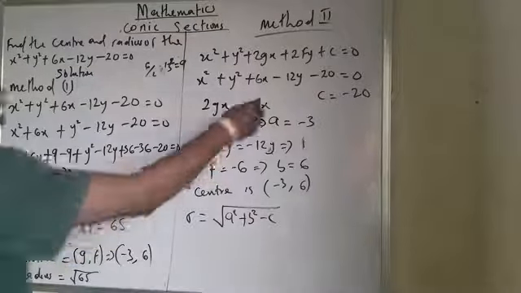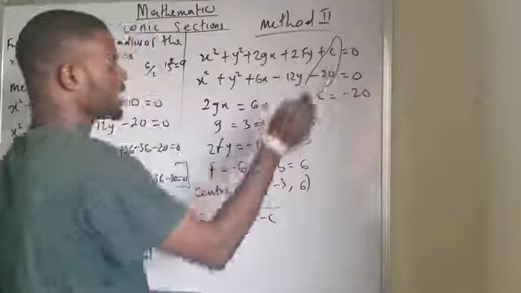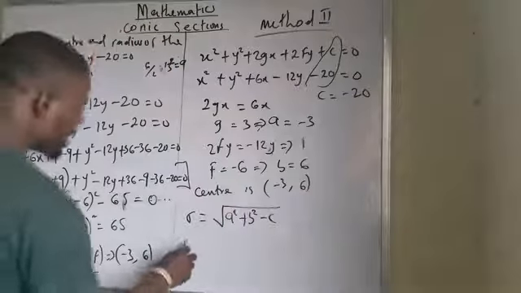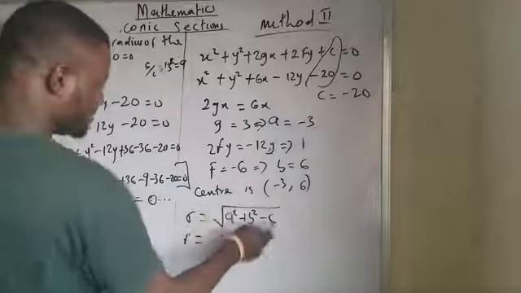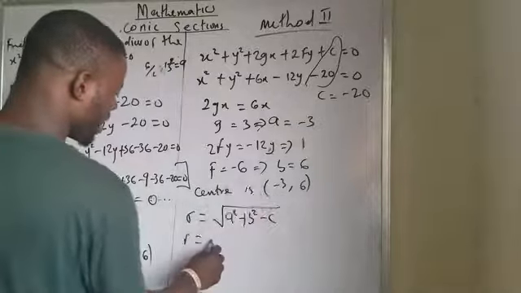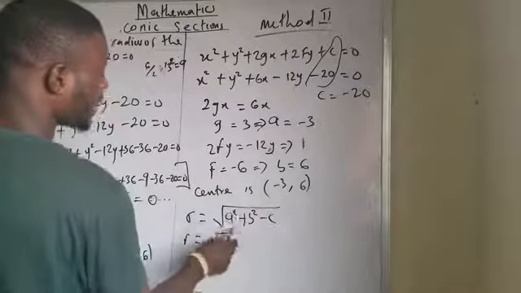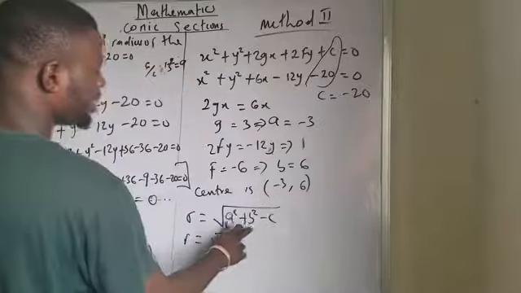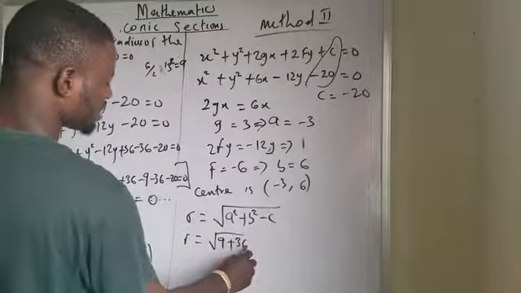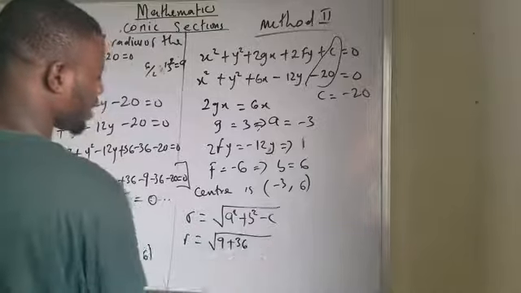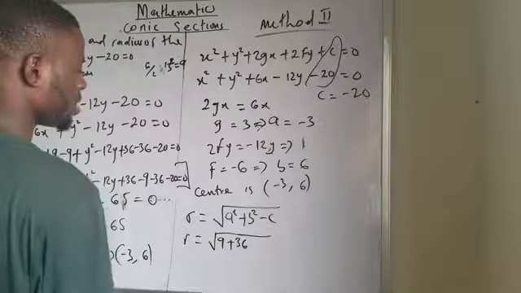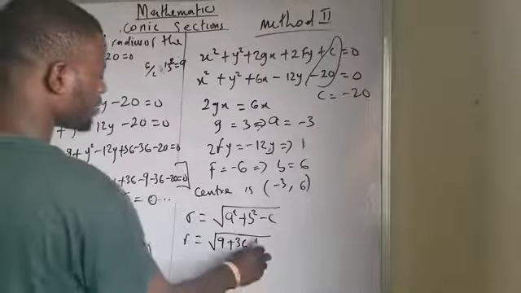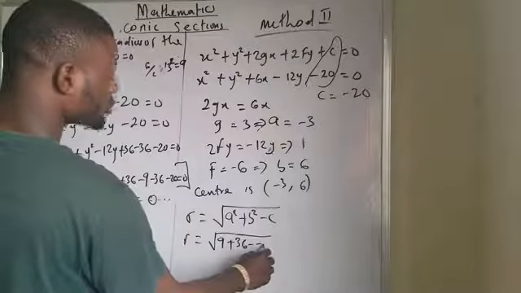Now, what am I trying to do there? My c equals minus 20. It means my r, what is my a? My a is 3, which is 9, plus b is 6, which is 36, and c is minus 20.